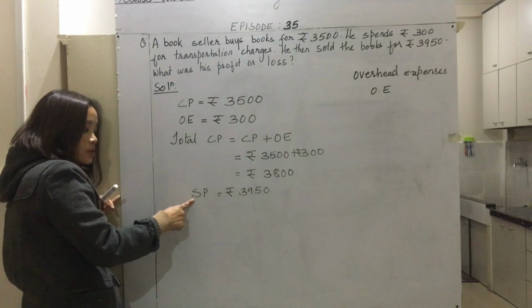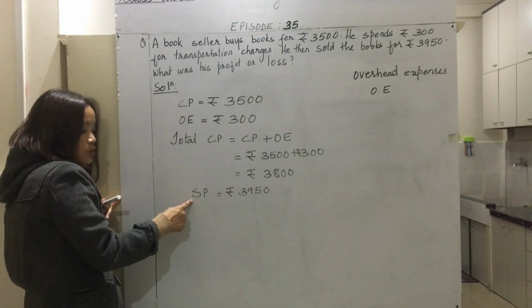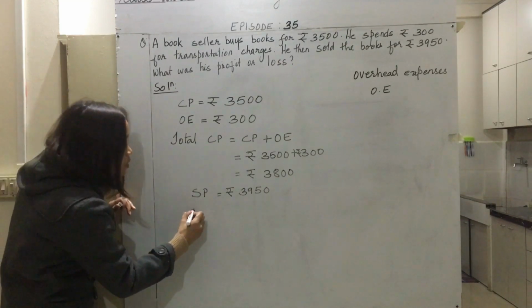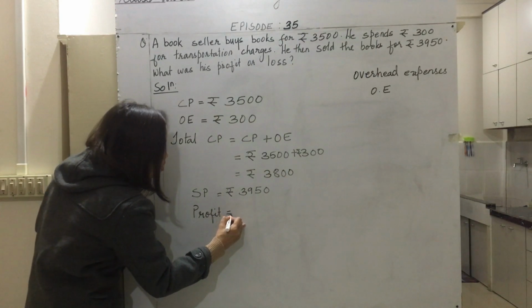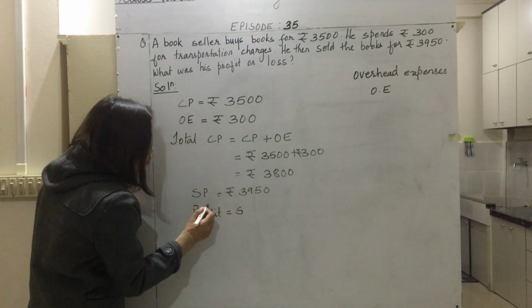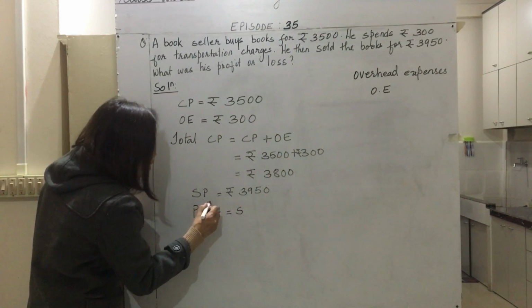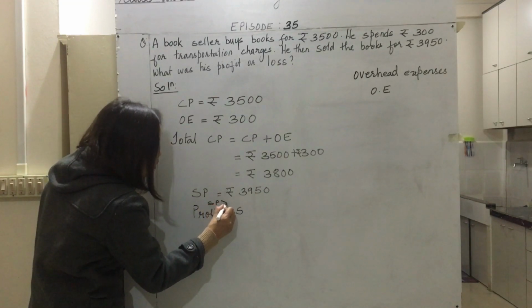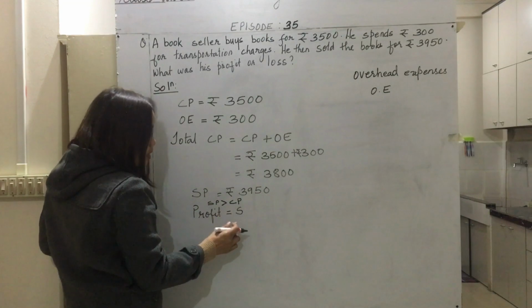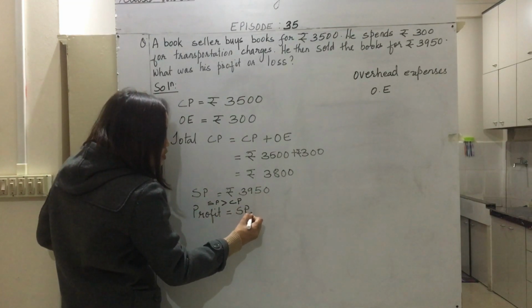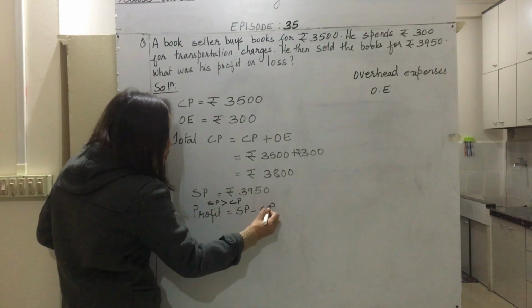What happens when SP is bigger? We should find out profit. When SP is bigger, profit is equal to SP minus CP.